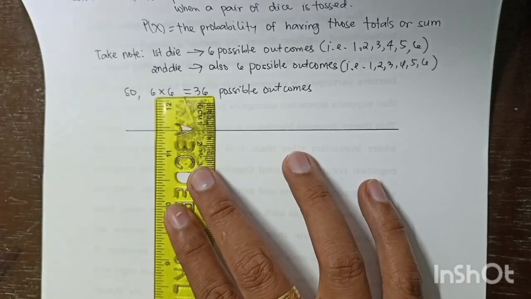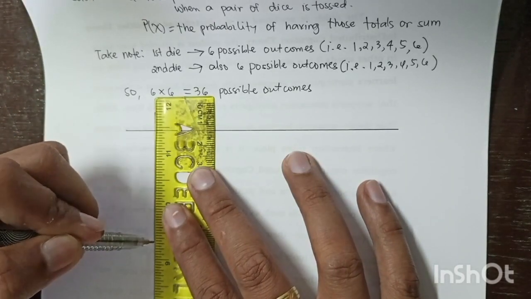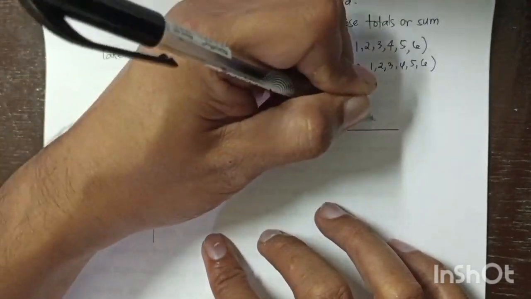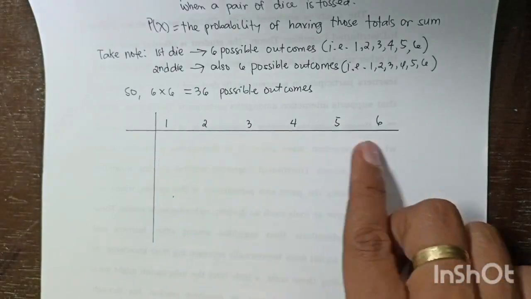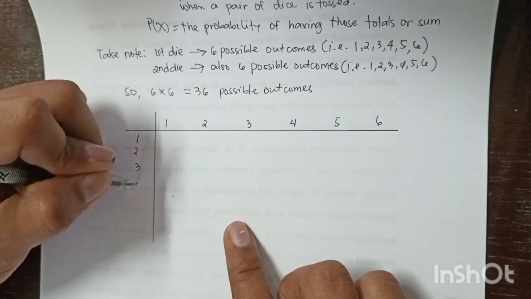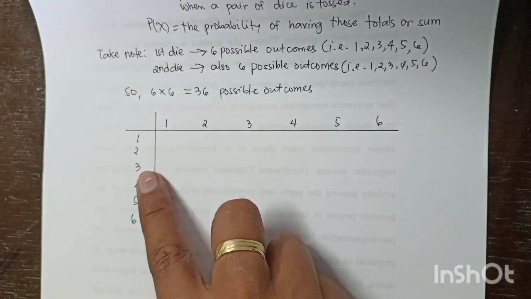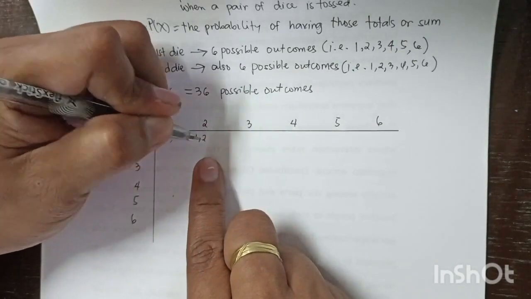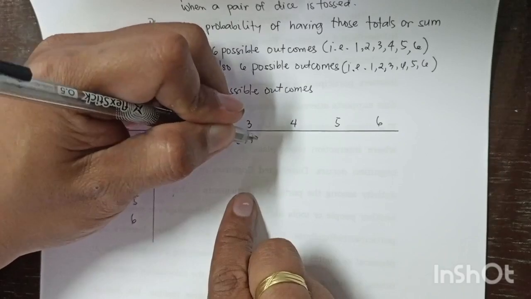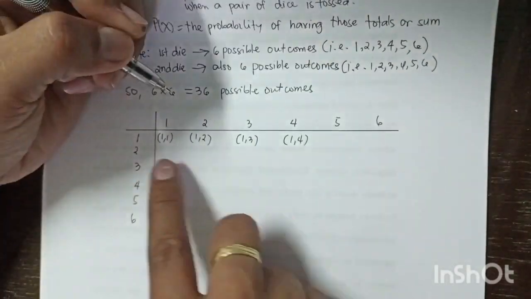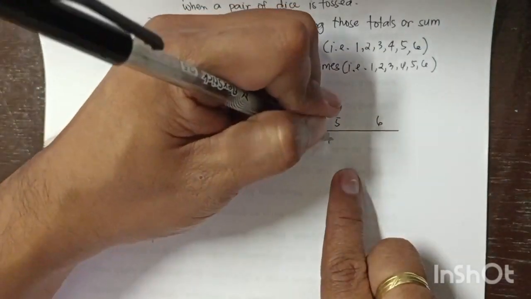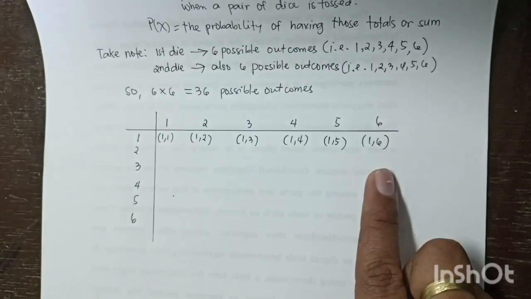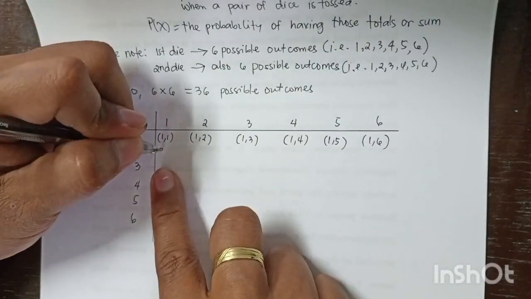To identify these 36 possible outcomes when we toss a pair of dice, we are going to make a table like this. We write 1, 2, 3, 4, 5, 6 in a horizontal manner and 1, 2, 3, 4, 5, 6 in a vertical manner. Then we pair these numbers, and we have 1,1; 1,2; 1,3; 1,4; 1,5; and 1,6.